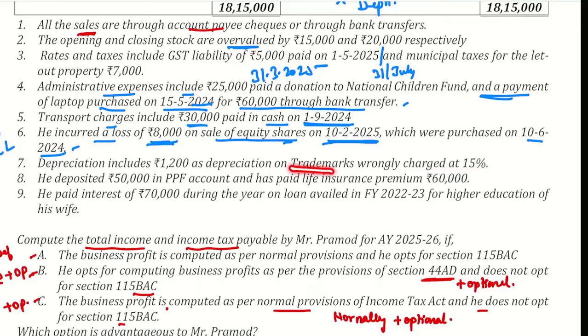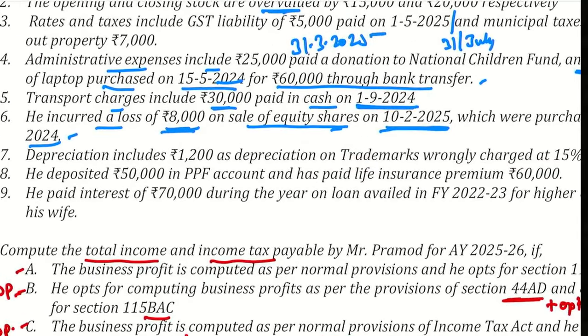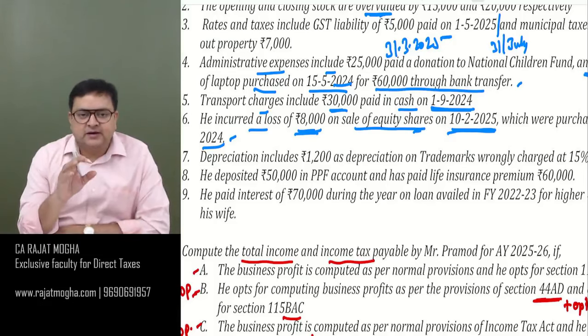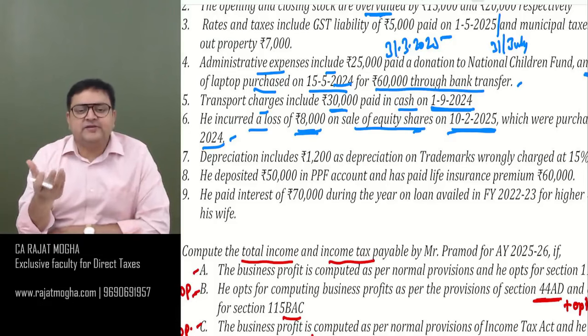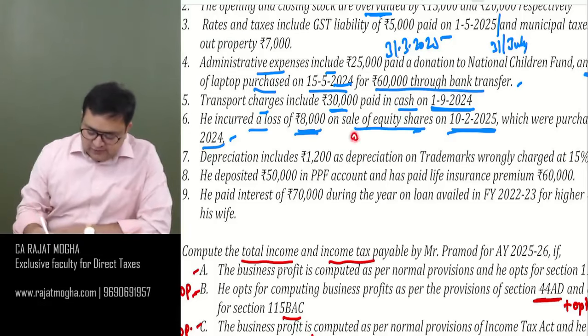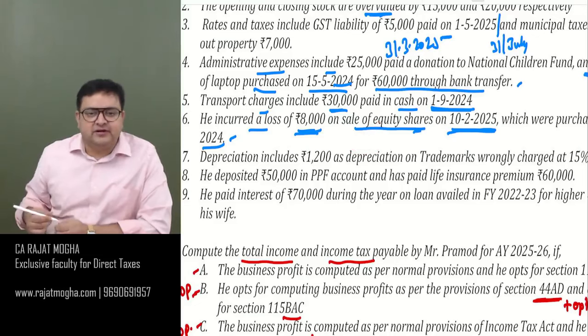So first of all, tell me what is the correct rate on trademarks? It's an intangible asset. 25%. A trademark is an intangible asset, so 25% is the correct rate. We have charged 15% as 1200.